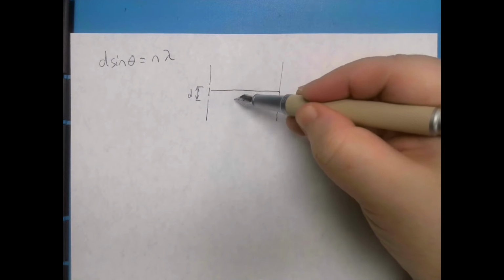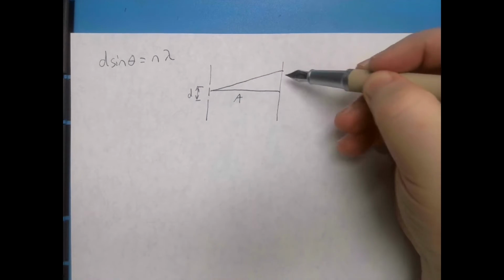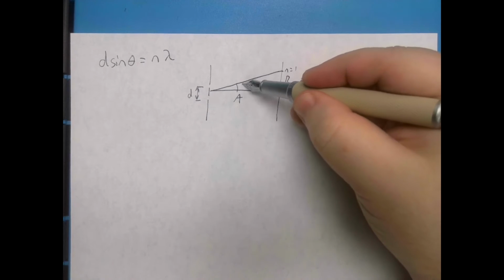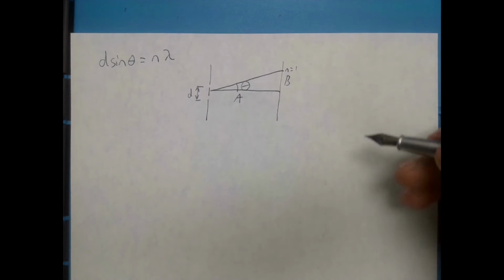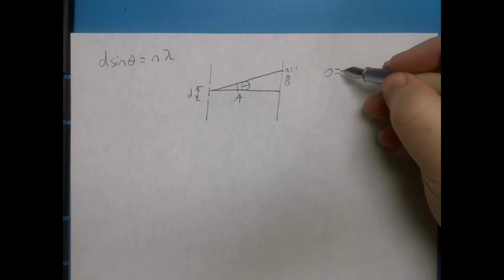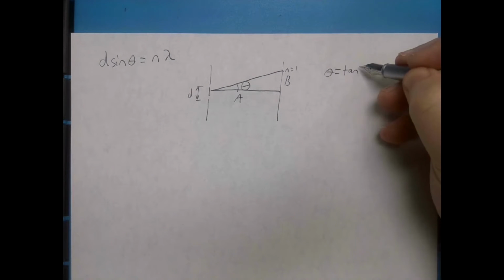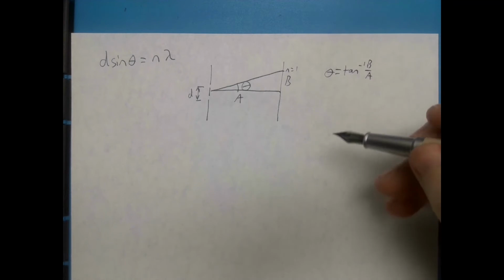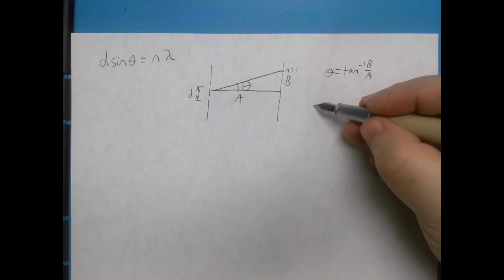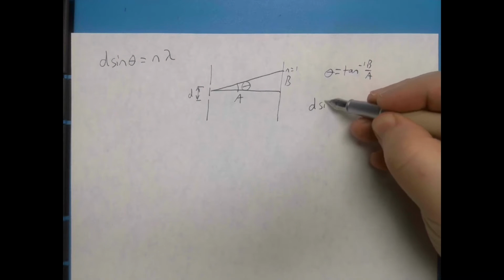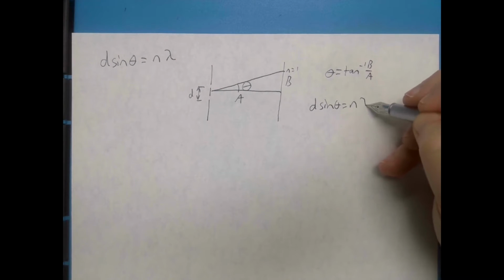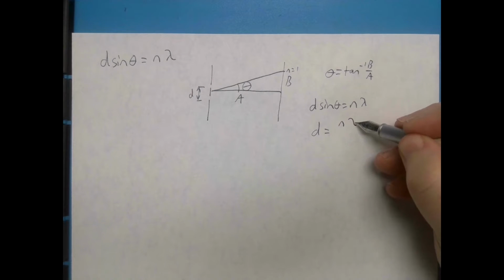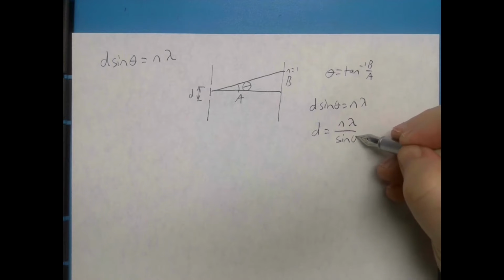And if we have this distance A, this distance B for the n equals 1, and this angle theta, then we know that theta is equal to the inverse tangent of B over A. And we can solve for this distance. d sine theta is equal to n lambda, so d is equal to n times lambda over sine theta.